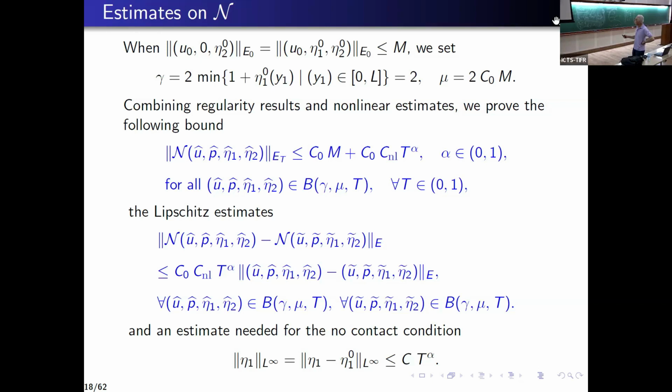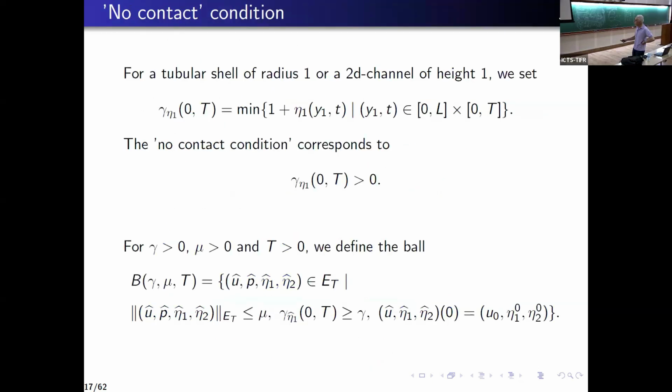And I choose, no, sorry, I take here 1/2 of this quantity. It's the reverse. And I choose mu 2 times this quantity times the continuity constant I have introduced before. And thanks to that, and thanks to some nonlinear estimate, I can prove this type of result for the nonlinear term.